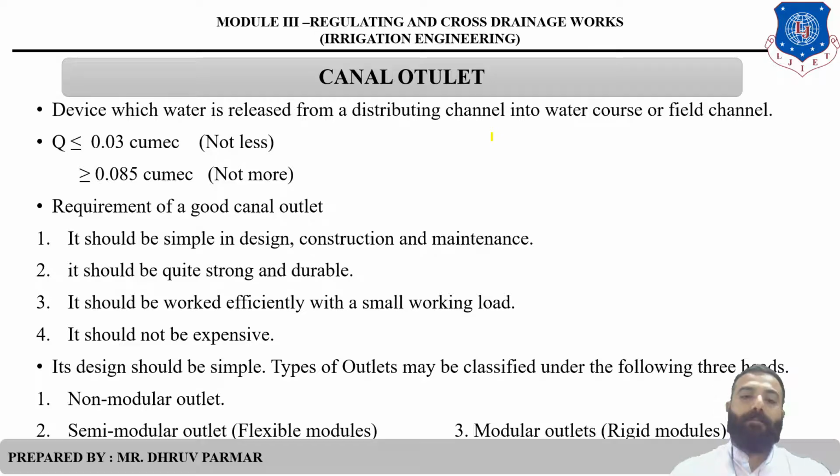That type is called a semi-modular outlet. Then the third one, modular outlet: the water level does not depend on anyone, like the distributary channel and water course. That type is called a modular outlet. The best example is the Gibbs grounds outlet.